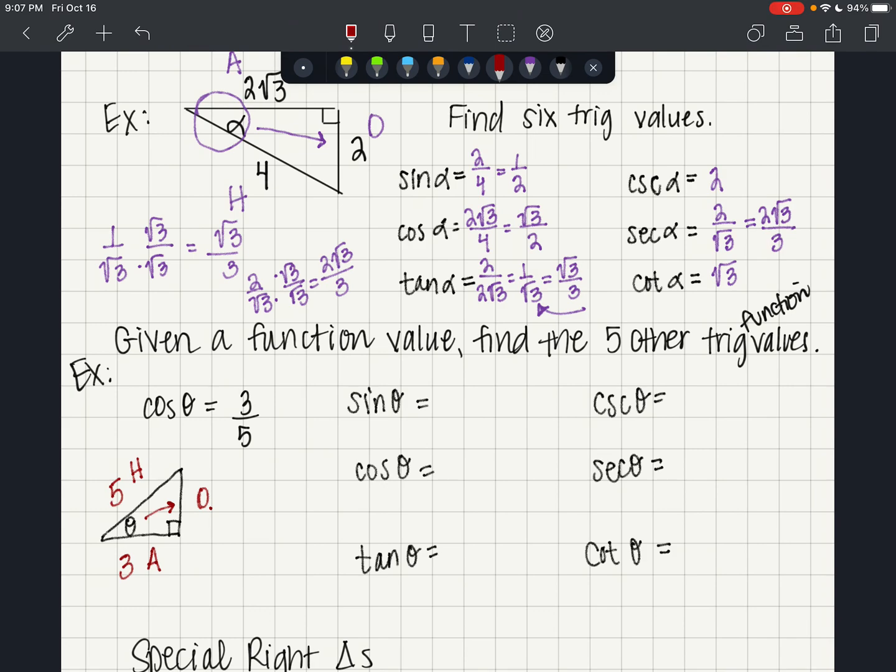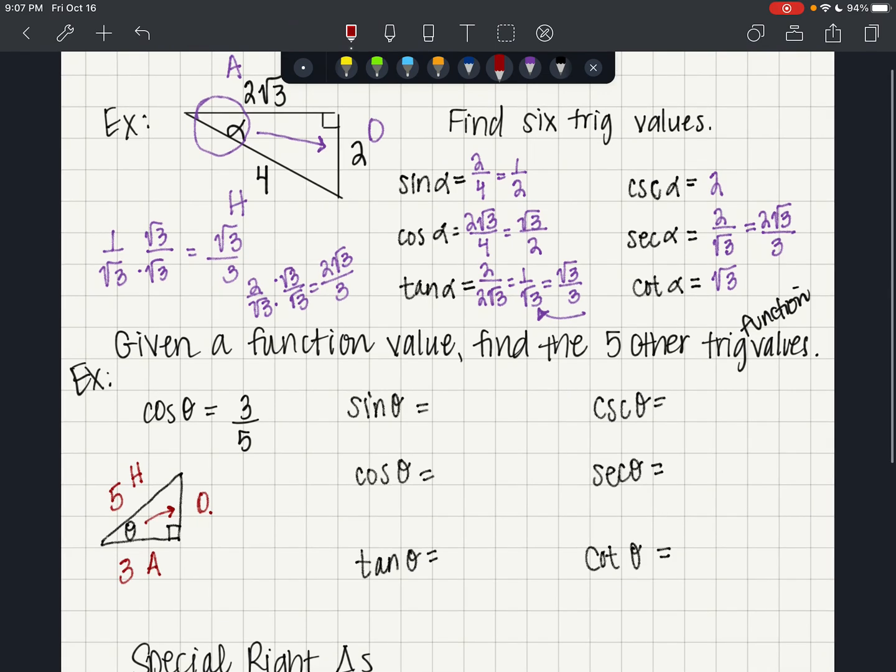Well, how can we figure out what the opposite side is? We can figure out the opposite side by saying 3 squared plus the opposite side squared, I don't know what it is, so I'm going to call it x squared, is equal to the hypotenuse squared, which is 5 squared. So we have 25 minus 9 is 16. X squared equals 16. So this side must be a 4. So the opposite side is a 4. The adjacent side is a 3. And the hypotenuse is equal to a 5.